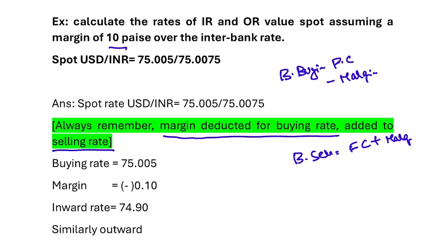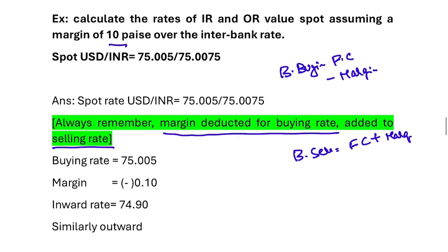Remember, I'm talking only in respect of the bank, not in respect of individuals. I never mention individuals; I only mention the bank. When the bank is buying foreign currency, we deduct the margin. When the bank is selling foreign currency, we add the margin.